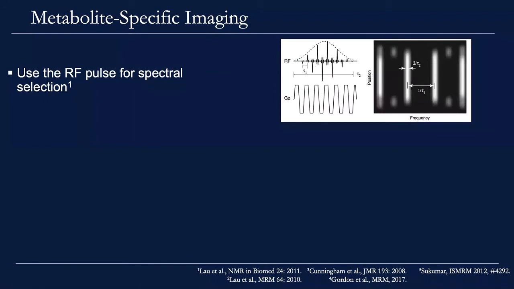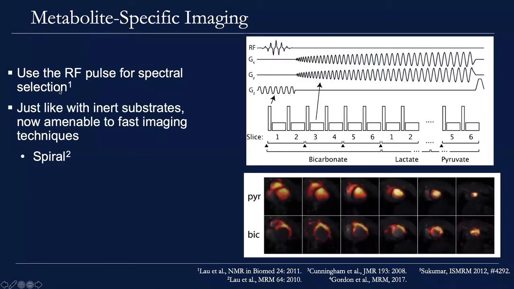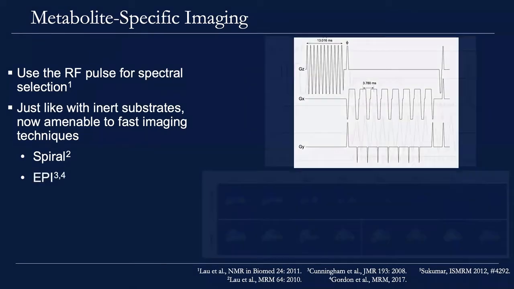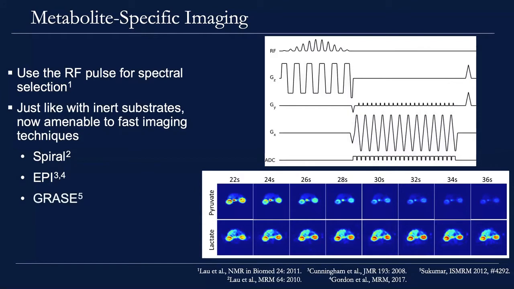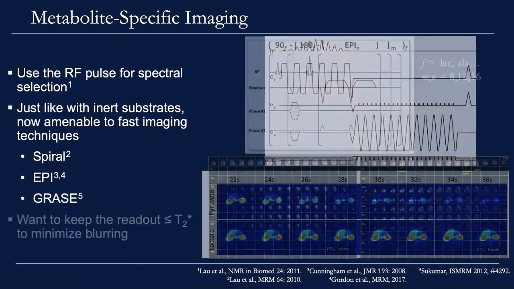So now that we have this RF pulse that can take care of spectral encoding for us, just like with inert substrates, we can really use any type of fast imaging techniques. Commonly, most people will use single shot spirals or echoplanar trajectories, which I'll just show here. You can also do Gray's type approaches, which are a combination of gradient and spin echo.